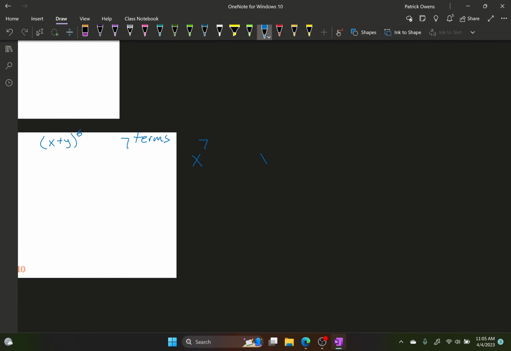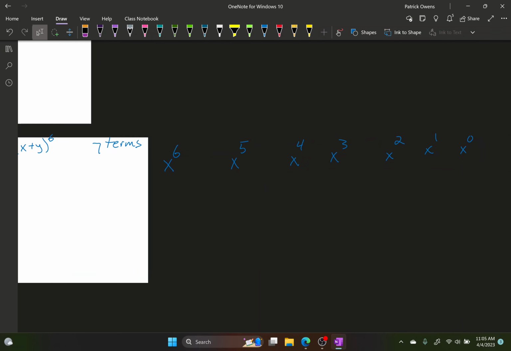Then our next term will have an x to the 5th, x to the 4th, and so on, down to x to the 0, which we don't necessarily need to write. Now, since y is in the second position in the binomial, our y exponents are going to start at y to the 0 and then increase by 1 each term.